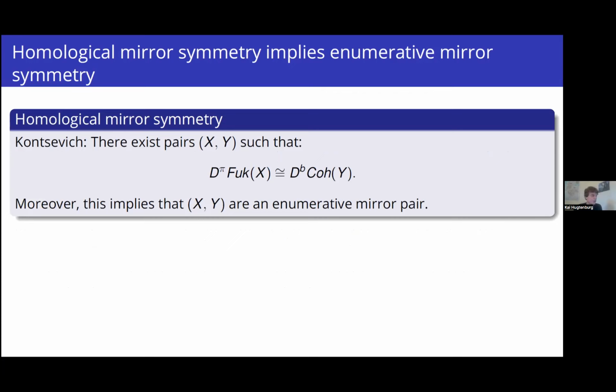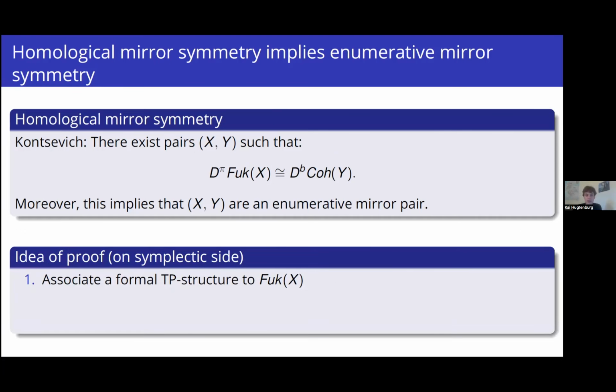And what is the idea of this proof? I'll spell this out on the symplectic side, because that's the side that's most interesting for me, the side I understand a tiny bit. If you take the Fukaya category of X, then you associate a TP structure or a VSHS to it.